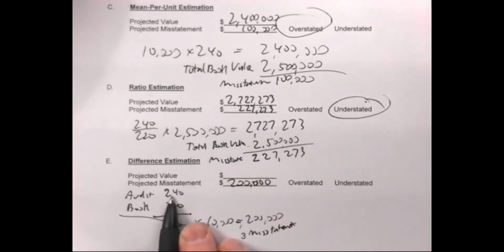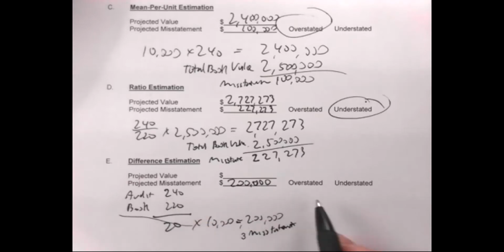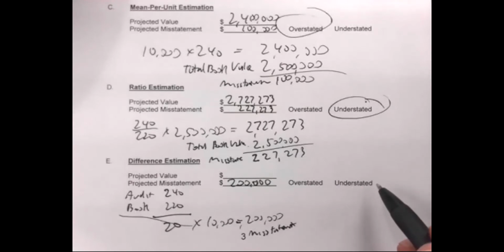And notice the audit one is higher than the book one, so it should be higher. So this is going to be what? Understated or overstated? It's understated. Yep.